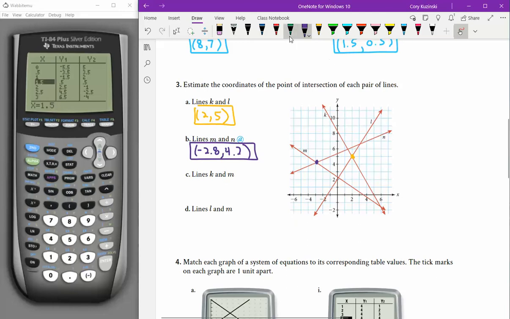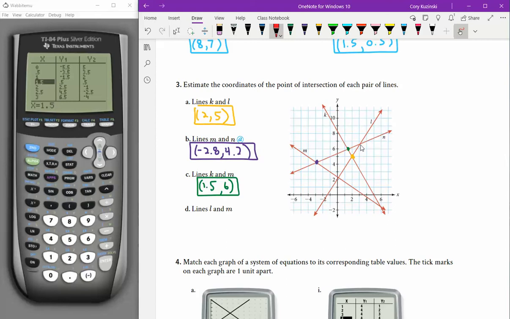K and M. K and M right about there. It looks like about 1.5 and 6. Just estimating. And L and M. So L and M right about there.